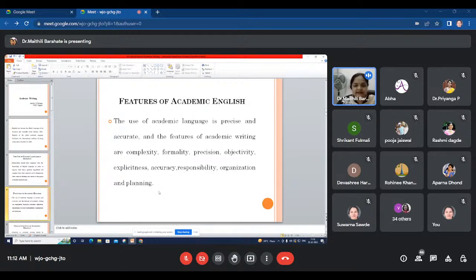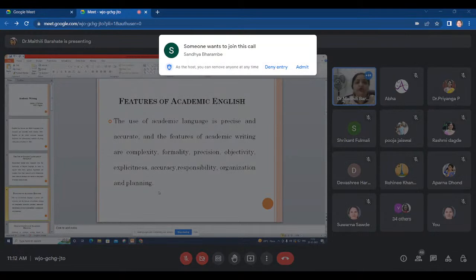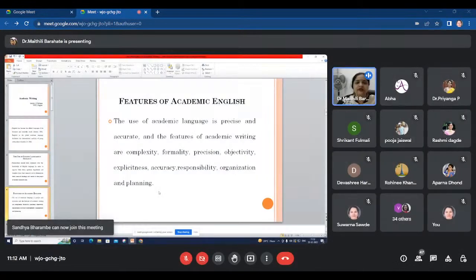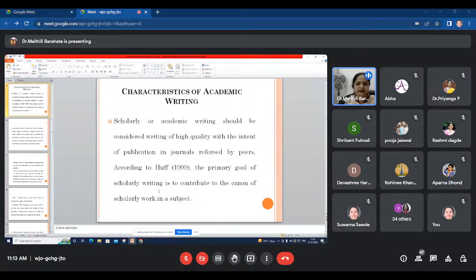Okay, so it will become more informal. Then explicitness. Explicitly, you have to give your views. It should be accurate. You need to take the onus on you. The responsibility is yours, because you are the one who is going to write. It should be properly organized, and it must be properly planned. These are the features of academic English.